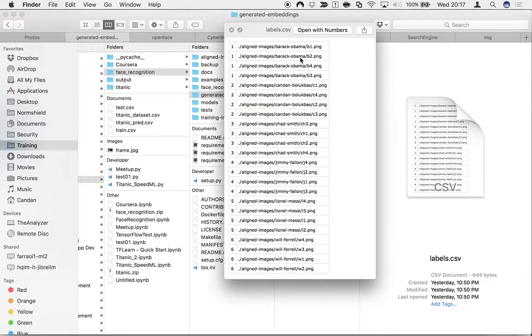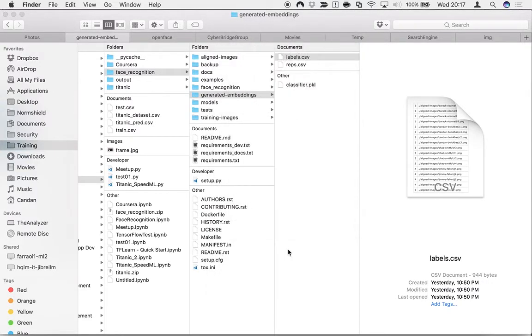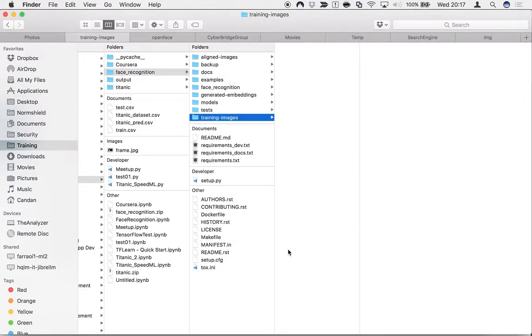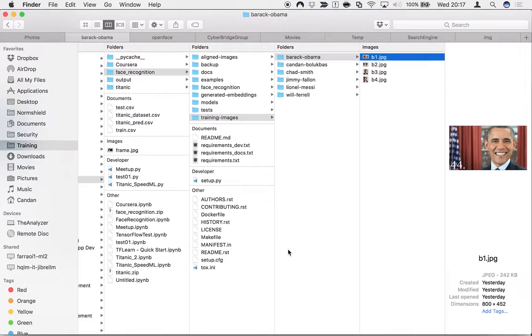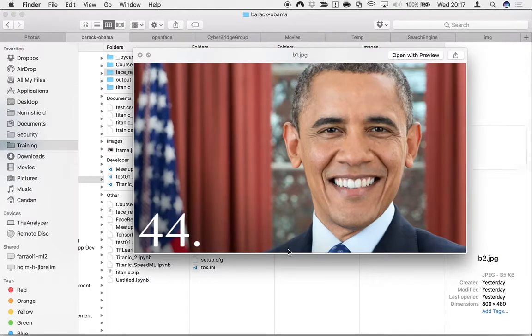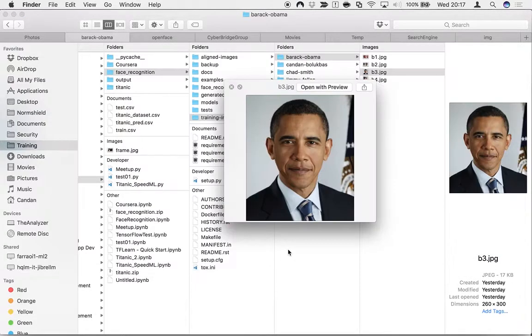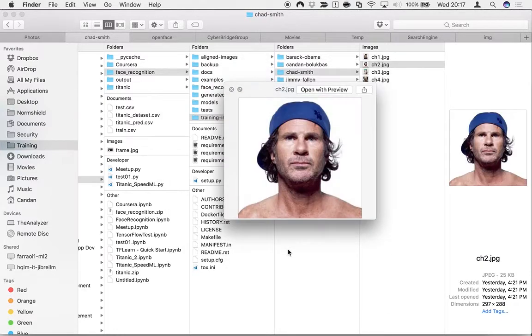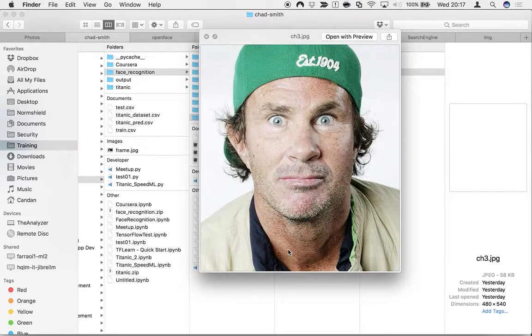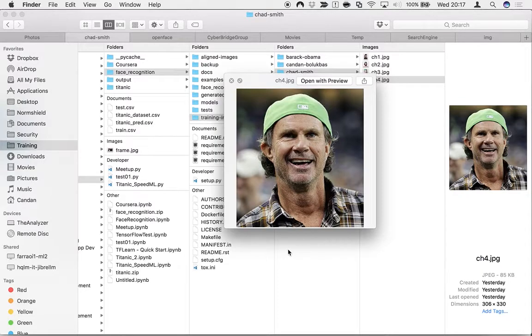So these are my people: Obama, John Donne, Chad Smith, Jimmy Fallon, Lionel Messi, and Will Ferrell. I got these pictures from the internet. I didn't get their passport photos, so there are different photos. Of course, Obama's photos are high resolution, but Chad Smith and these guys don't necessarily have that.